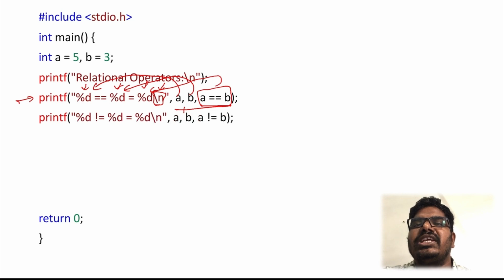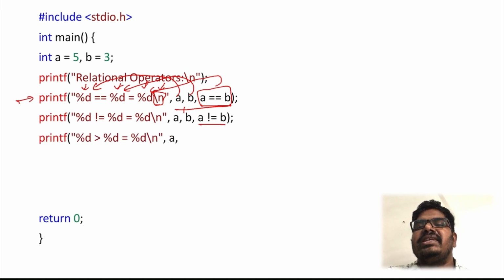Now in this case, what is it going to print? The first %d means a, which is 5. Next is b, with %d. So a equal to b is 5 equal to 3. Is it true? If it is true, it will print 1. Otherwise it is 0. The second example is not equal: a not equal to b.